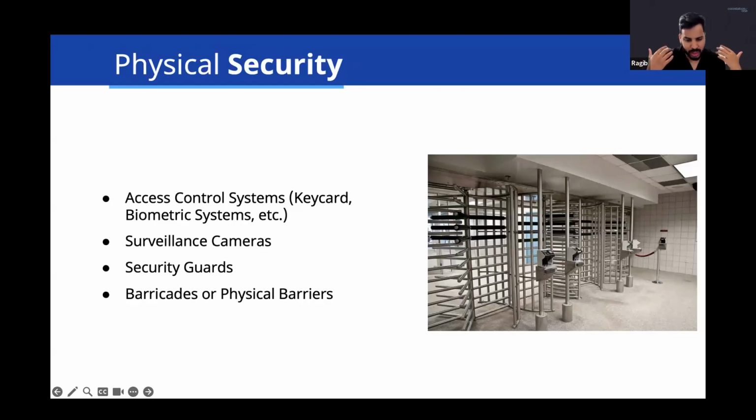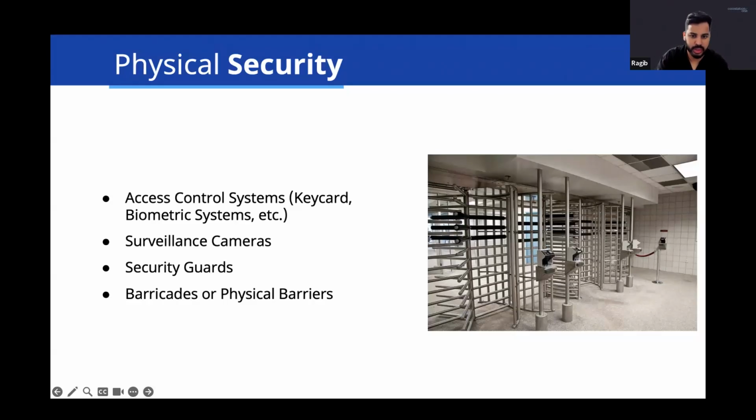So it keeps a log of everybody going in and out of an office. Some offices have them, some don't. It depends on the type of business, but that is called access control systems. Okay, that's number one.